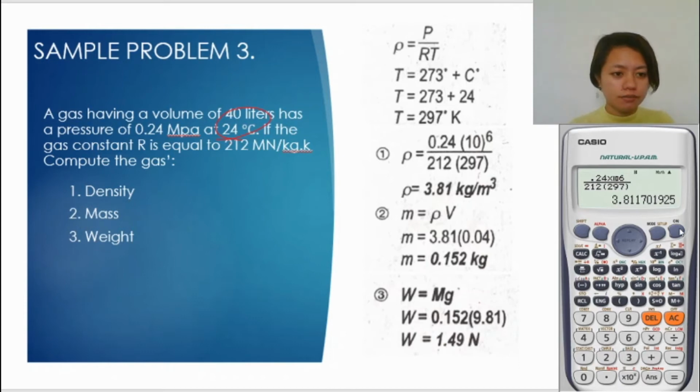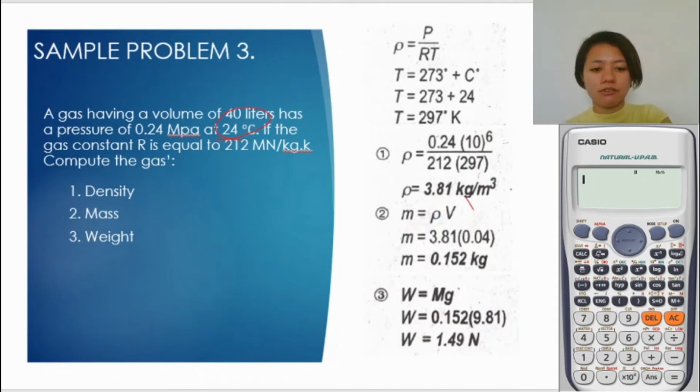Then for number 2, we find its mass. The formula for density is mass over volume, so we interchange it: mass equals density times volume.